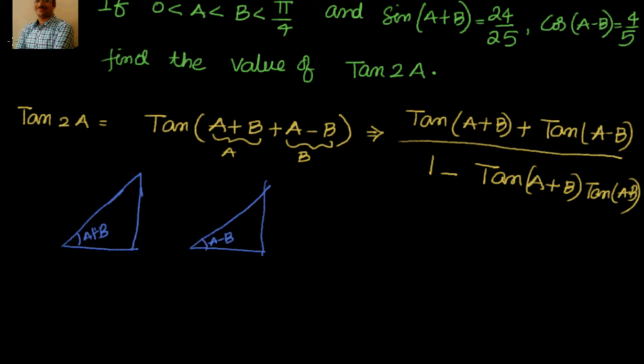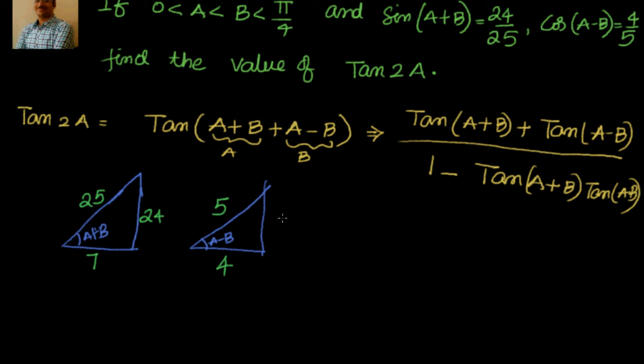If we look at a plus b, sine of a plus b is 24 by 25. That means opposite by hypotenuse. By Pythagoras, you know that this is equal to 7. Similarly, for a minus b, cos of a minus b is 4 by 5.